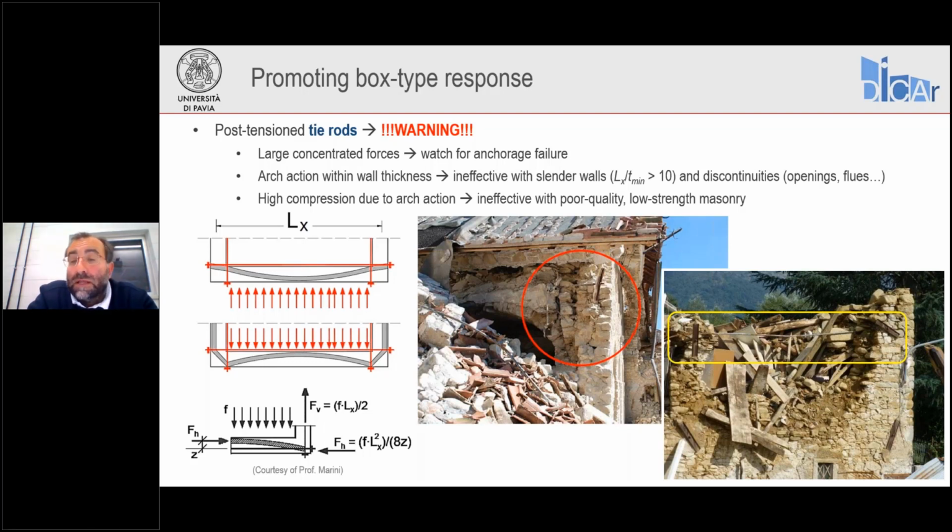You see full disaggregation of these walls, even though tie rods were provided, but those tie rods were completely inefficient because the masonry material was not able to withstand the forces that we're developing with this arch action.